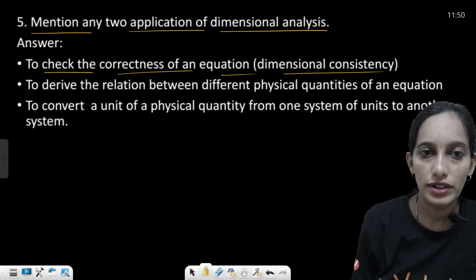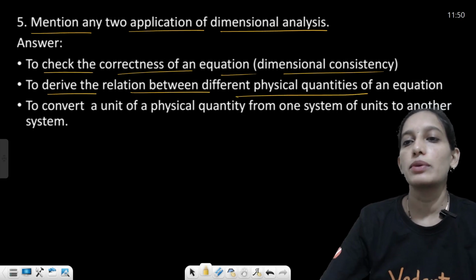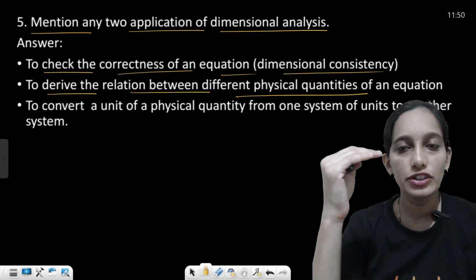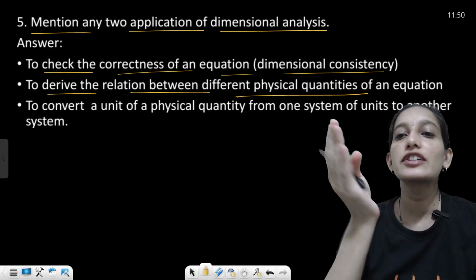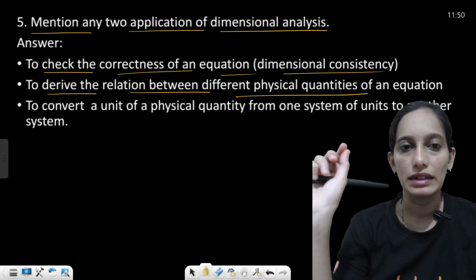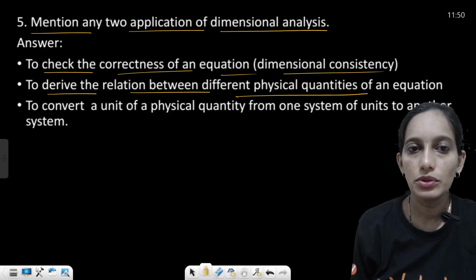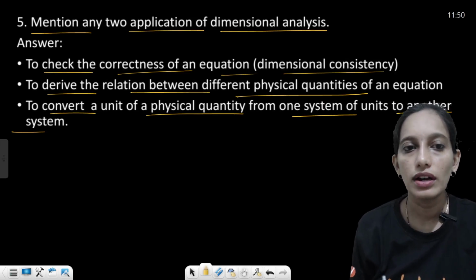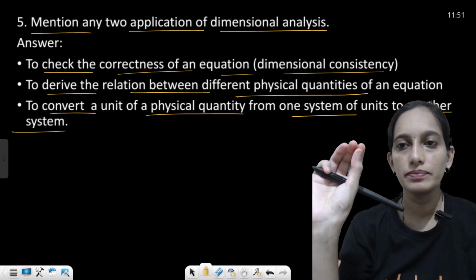Second point we can write: to derive the relation between different physical quantities of an equation. We can actually derive some equation or formula, that is, the relation between physical quantities. So we can derive certain formulas by using the dimensional method. Third point we can write: to convert a unit of a physical quantity from one system of units to another system.